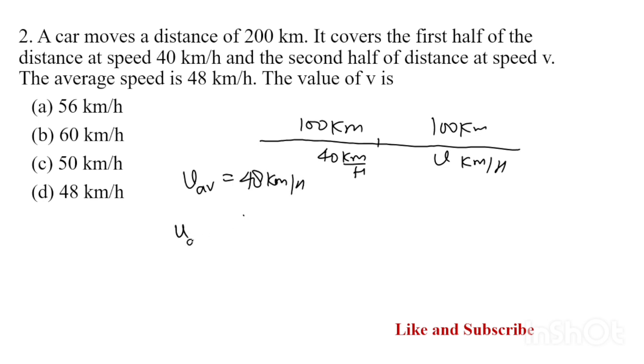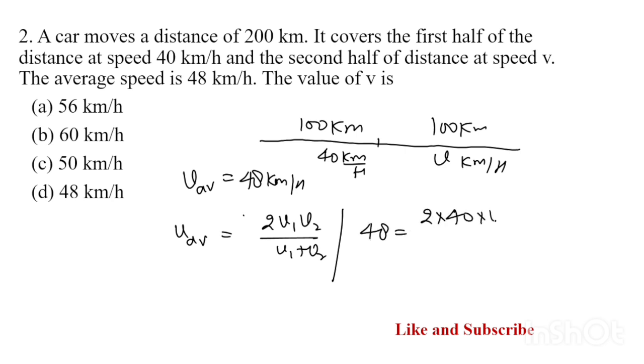So we apply the formula v average equal to total distance upon total time, and for equal distance the formula is 2v1 v2 upon v1 plus v2. Now we put the value of v1. So v average is 48, 2 into 40 into v upon 40 plus v. Now cross multiply: 48 into 40 plus v equal to 2 into 40 into v.